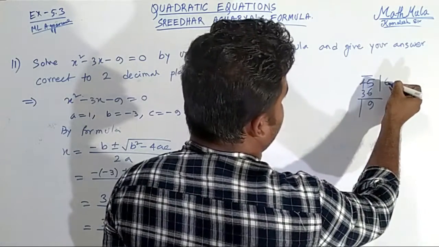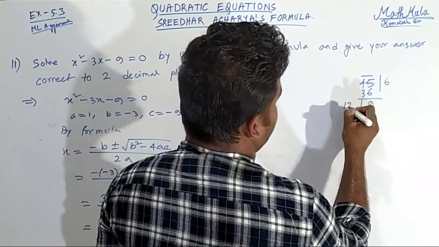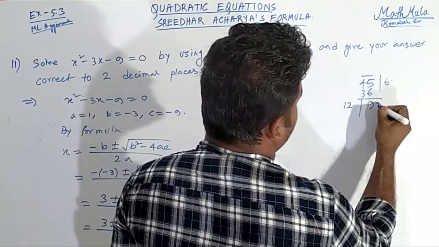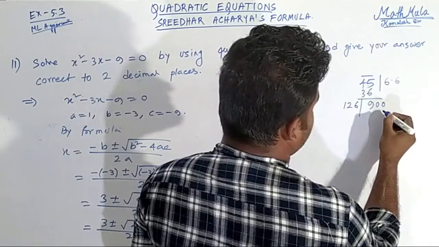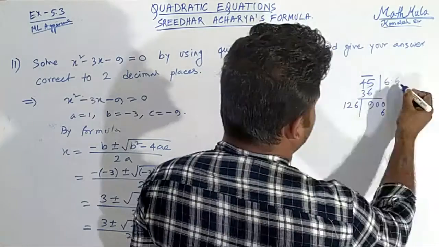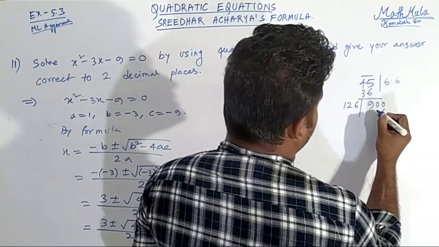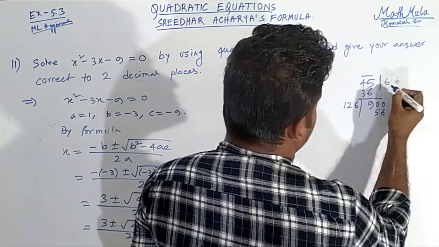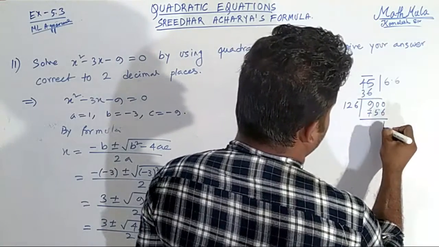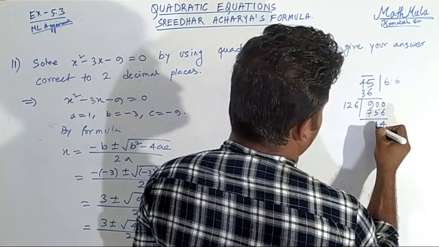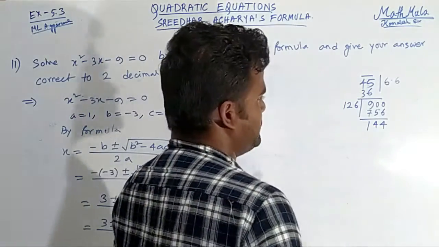Now we take double of 6, that is 12, and put a decimal and we get 2 zeros. Now we multiply by 6, 6 6s are 36, carry 3, 6 2s are 12 and 3, that is 15, carry 1, 6 1 is 6 and 1, that is 7, and this is 4, and this is also 4, and this is 144.